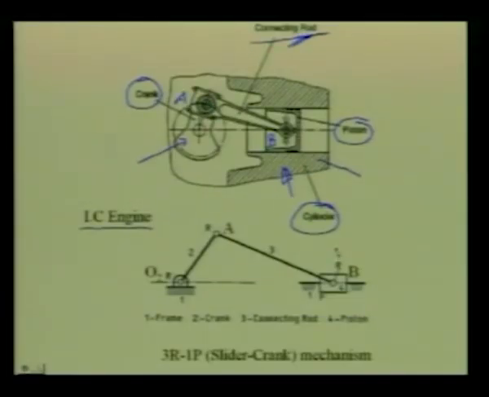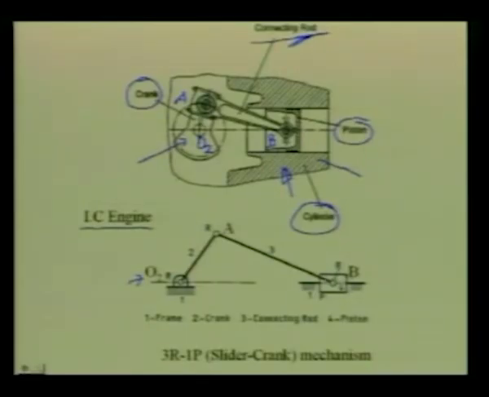So, the kinematic diagram, which is drawn below this diagram, has three revolute pairs: one at O2, which is the location of the crankshaft, one at A between the crank and the connecting rod, and one at B between the connecting rod and the piston.